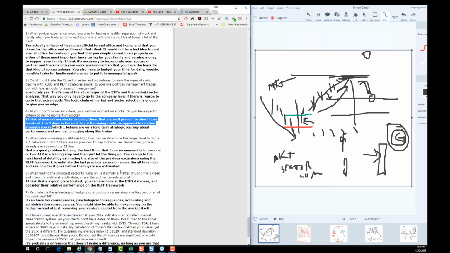So you get a sharp move with momentum that attracts momentum buyers and sellers until that thing runs its course. And that's what the swing trades really are. The swing trade candidates take on those characteristics as opposed to the monthly asset allocation types. Okay? So that's how I would define a momentum stock.